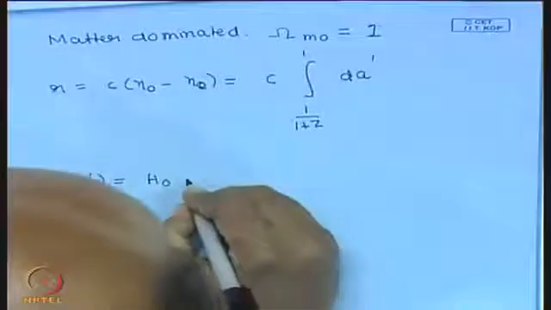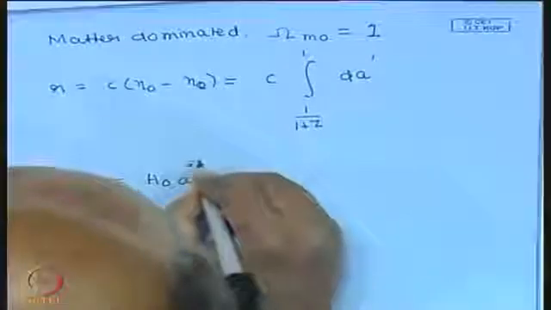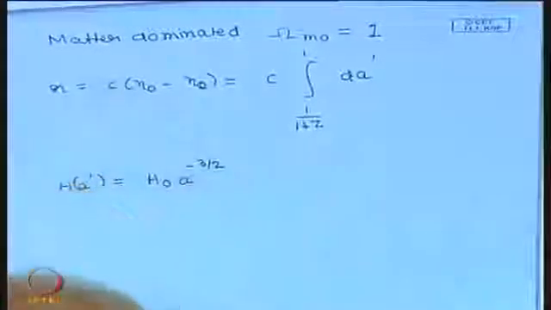So a prime to the power minus 3 by 2, that is what we have.